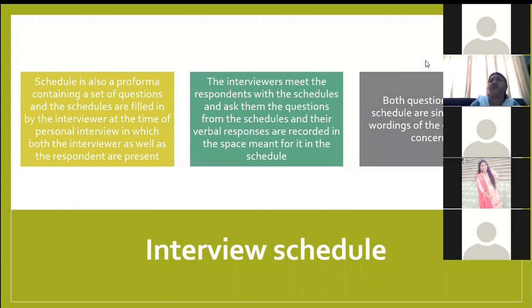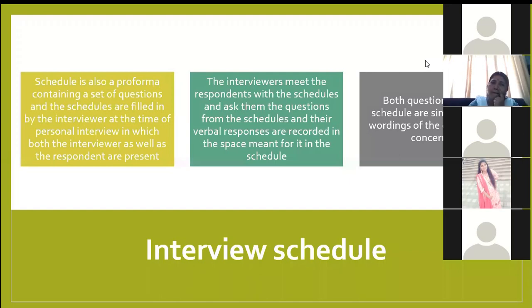That is the difference between an interview schedule and a questionnaire. Both are similar as far as the wordings of the questions are concerned. However, the person who writes in a questionnaire is the respondent, and the person who writes in an interview schedule is the interviewer himself.